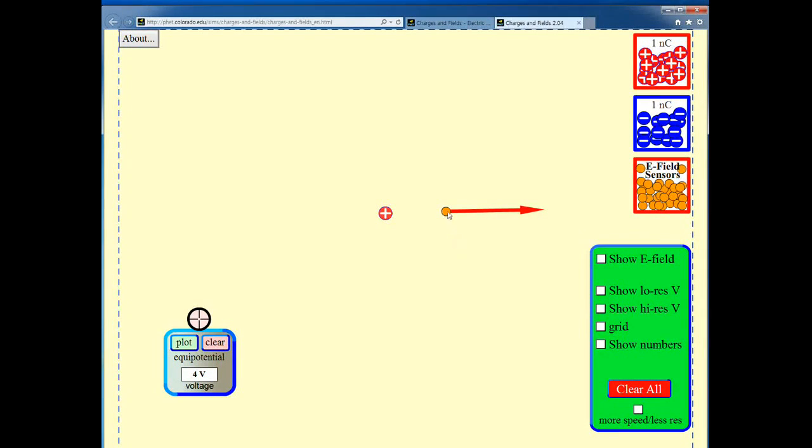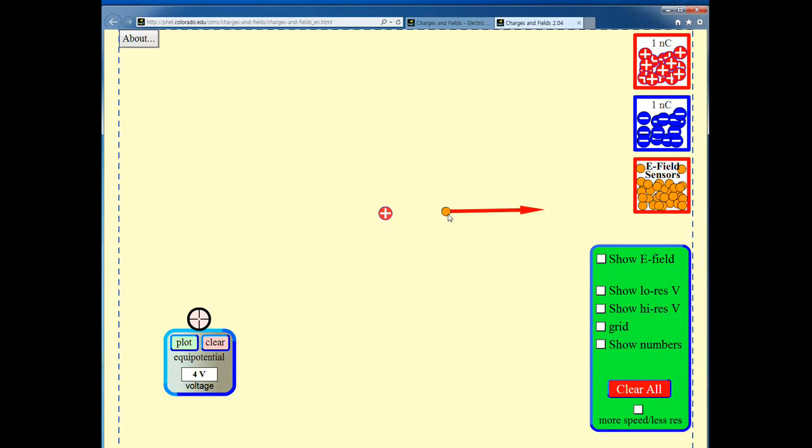Here you can see that the electric field is relatively long, so the electric field is strong, and the direction is directly away from the positive charge. If this sensor is another positive charge, then this arrow will be the direction of the Coulomb force. But now this sensor is not a charge, so you are effectively dividing the Coulomb force by the charge, and therefore this arrow represents the electric field.